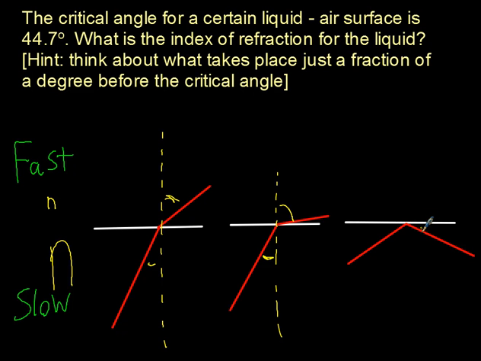So when theta 2 is 89.999 degrees or whatever, as big as it can possibly get, then if you make this angle here any bigger than that critical angle, you're going to get total reflection. And we did that in class with the laser that was underwater, where the laser light could no longer escape the water anymore. And that's why when you're far away from a pond, you can't see fish anymore. You have to be close to them so the angle isn't too steep.